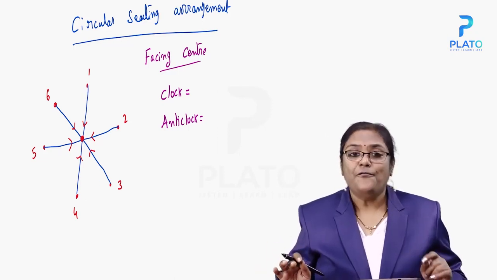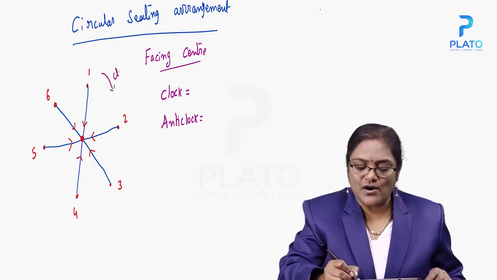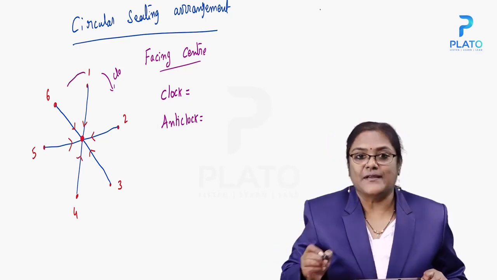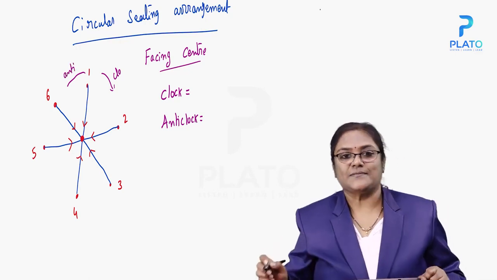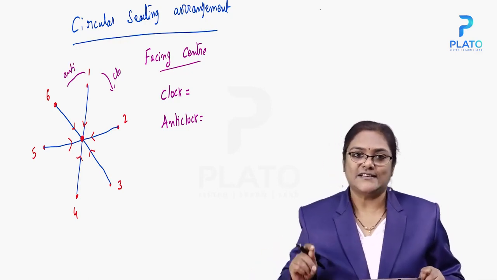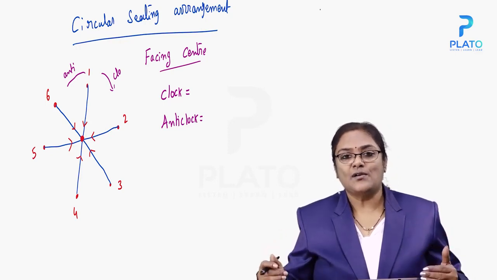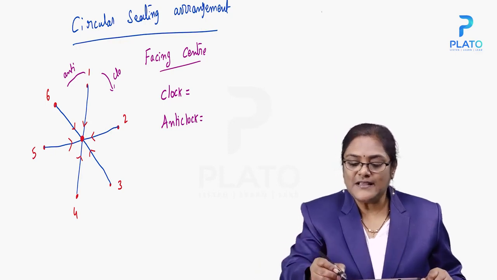For example, from 1 to 2, if you're going, this is called clockwise direction. From 1 to 6, if you're going, you can understand this is anti-clockwise direction. From any number, you know what is clockwise direction and what is anti-clockwise direction.